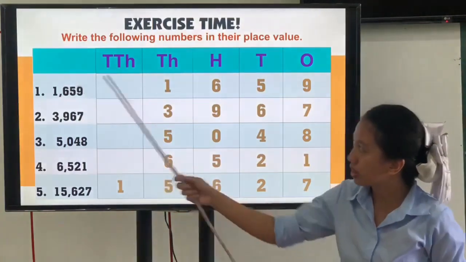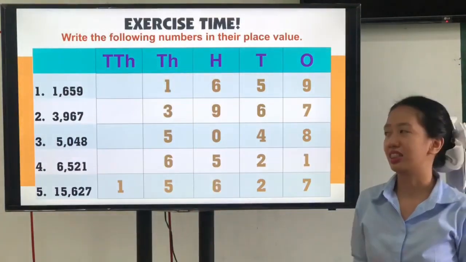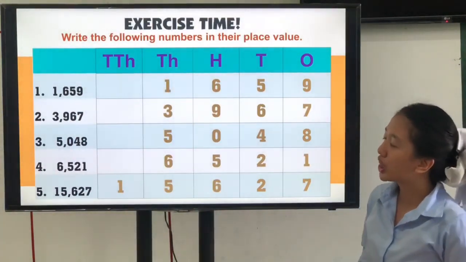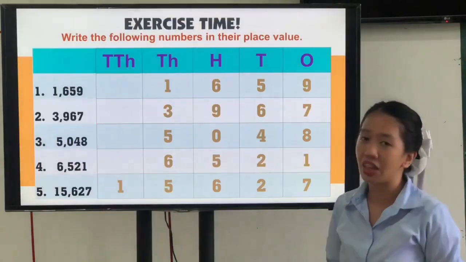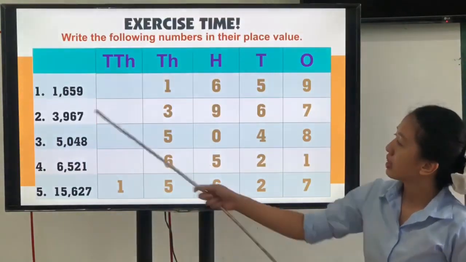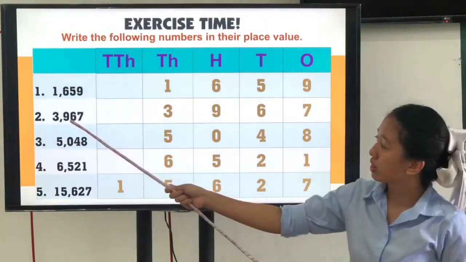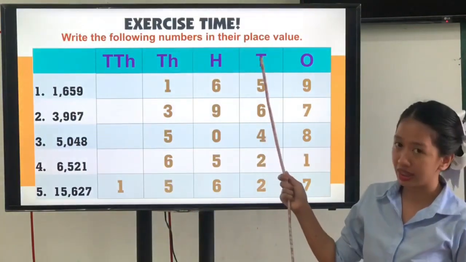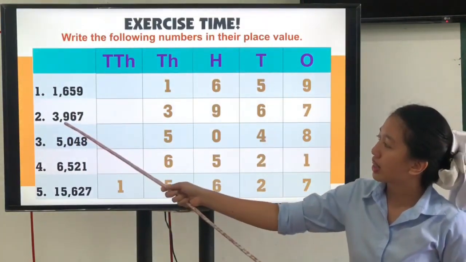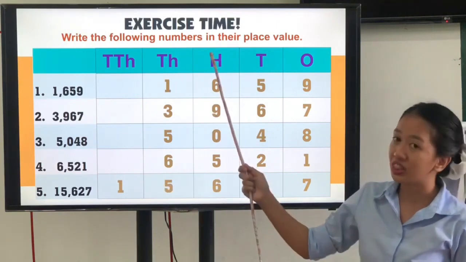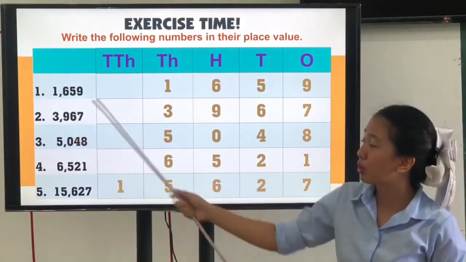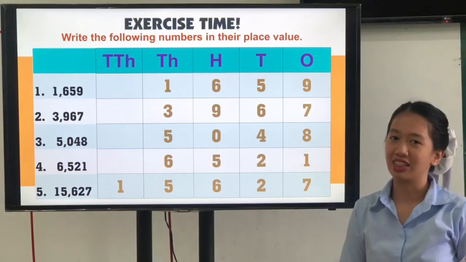And 1 is for 1,000. Number 2, 3,967: 7 will be our ones. 6 will be our tens. 9 will be our hundreds. And 3 will be our thousands.